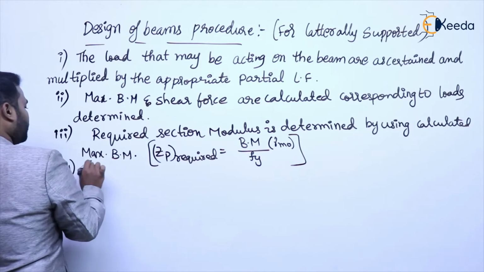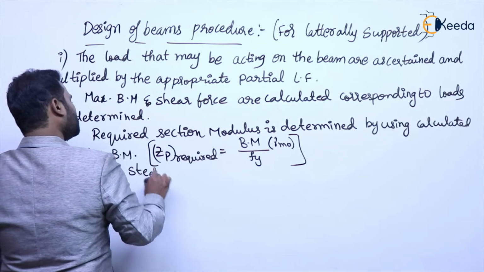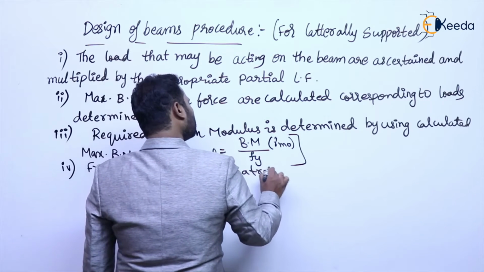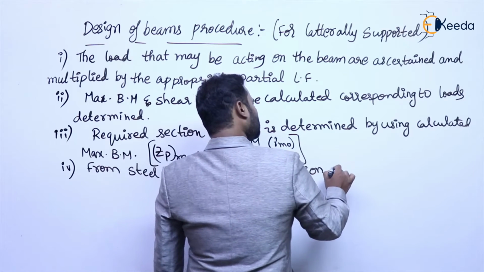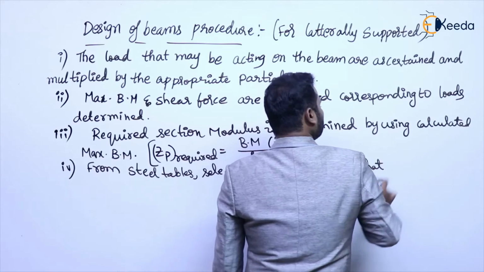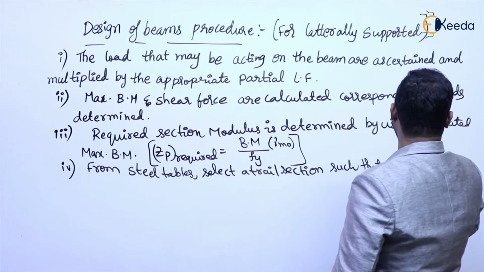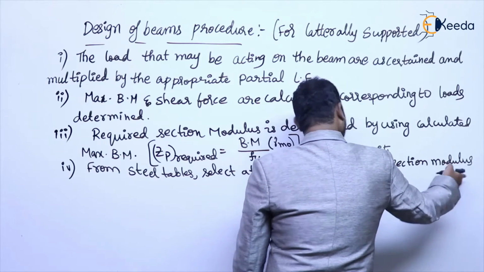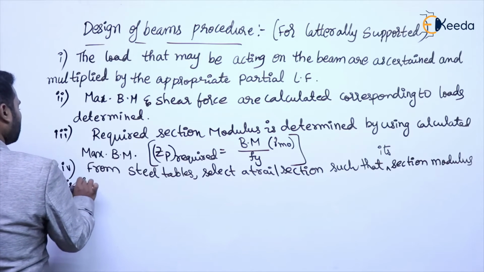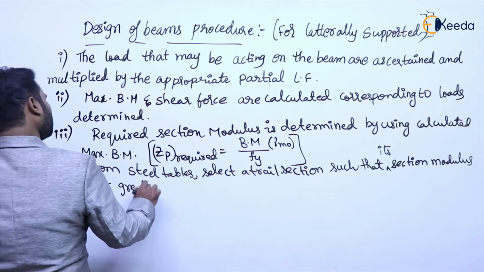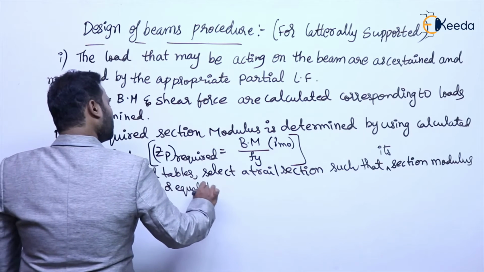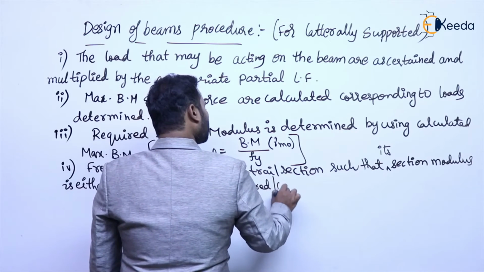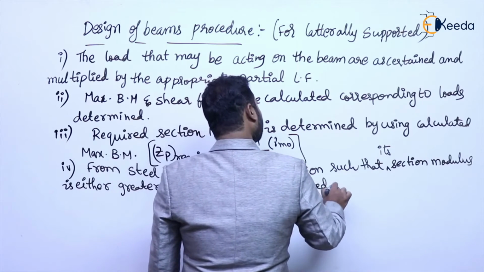Now next step, from steel tables, select a trial section such that its section modulus is either greater or equal to the required or calculated section modulus.